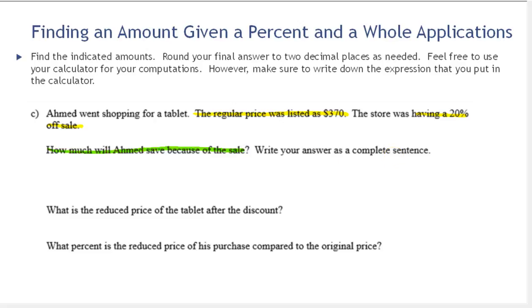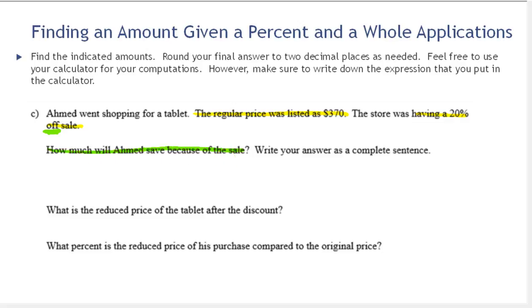Okay, so this is a sale price problem. And again, notice that it says 20% off sale. This is not a 20% of sale. So he's not paying 20% of the $370. He's paying 20% off. So how much will he save?